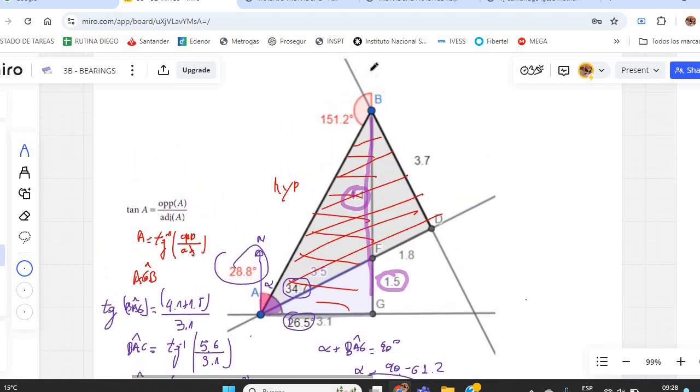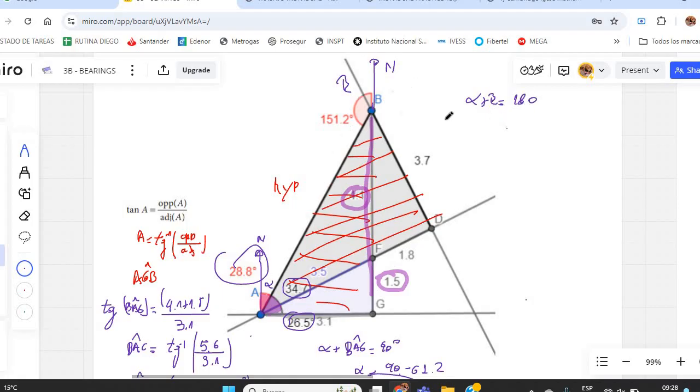The bearing from B to A, again, this is the north. And this angle over here, let's call it beta. What is the relation between alpha and beta? Alpha and beta add up to 180 because they are co-interior angles.